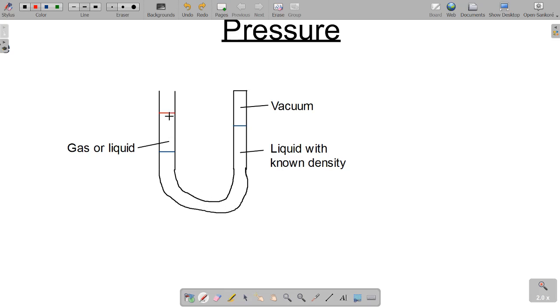To find the pressure that the red liquid is exerting on the water, you use H rho G basically. Then you measure the height H.